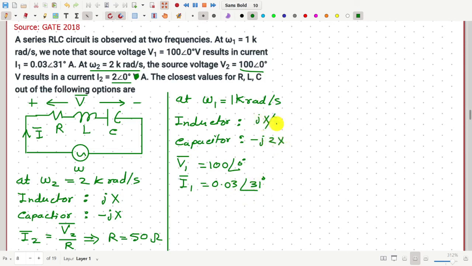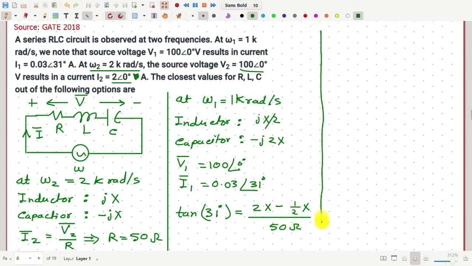Okay. And we can write that tan 31 degree will be equal to the reactance of the circuit, which is the capacitive reactance, 2x minus half x, divided by the resistance, which is 50 ohm.